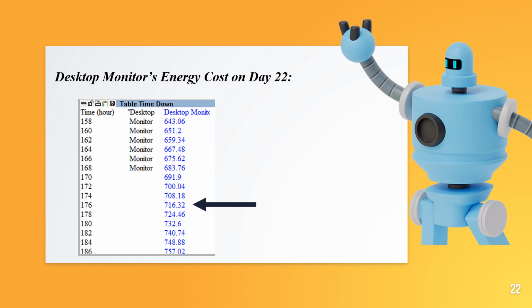Given that the desktop monitor is being used 8 hours per day, and we want to compute the energy cost on the 22nd day, 8 hours times 22 days is equivalent to 176 hours, and 176 hours is equivalent to 716.32 pesos.